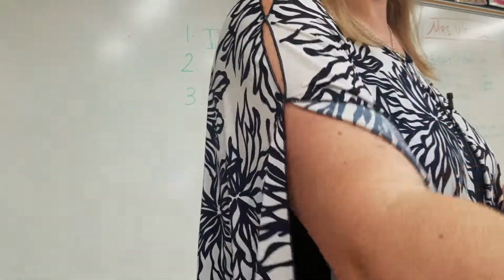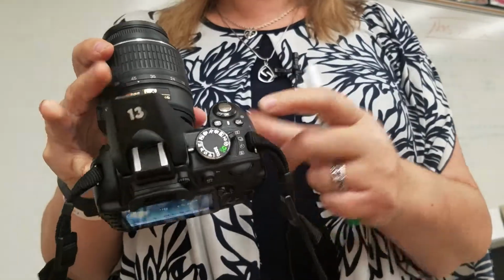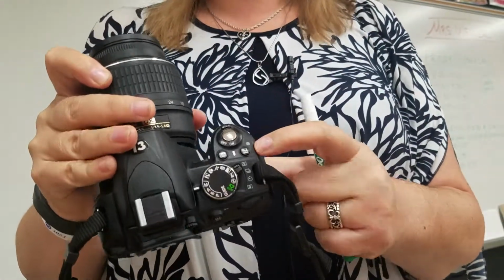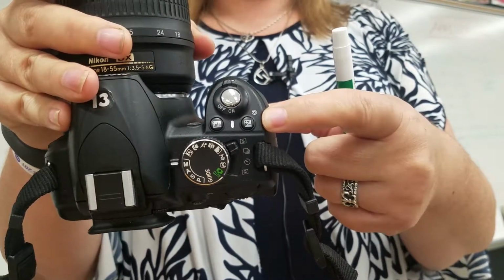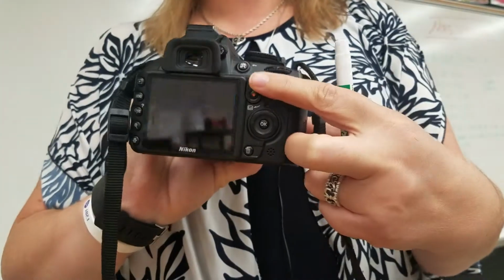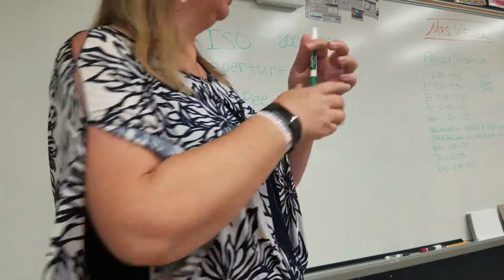I'm going to show it on the screen. Hold the aperture button while scrolling the command dial. You have to do both at the same time. Your aperture button shows a little picture.